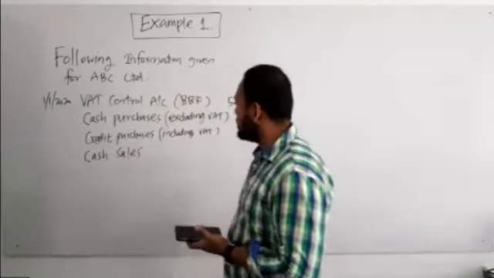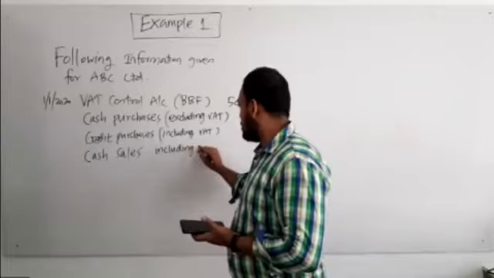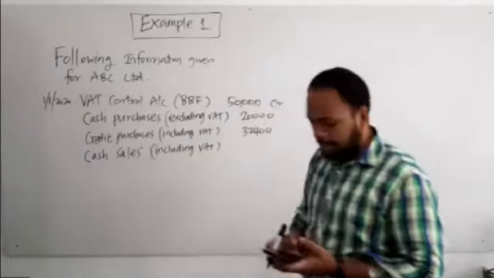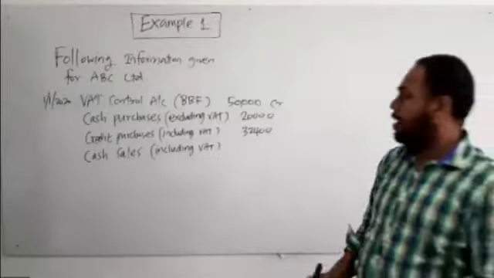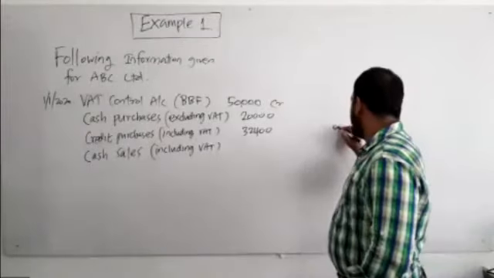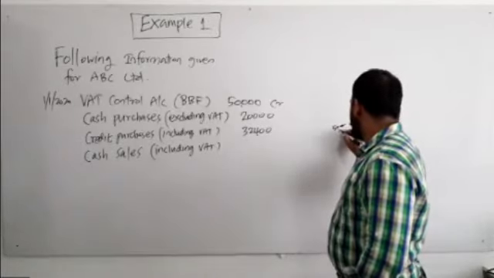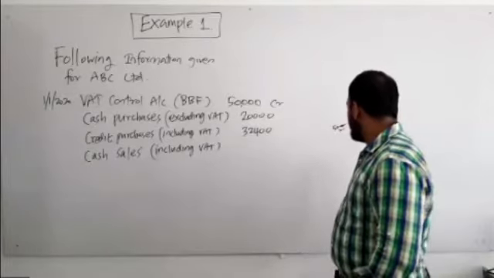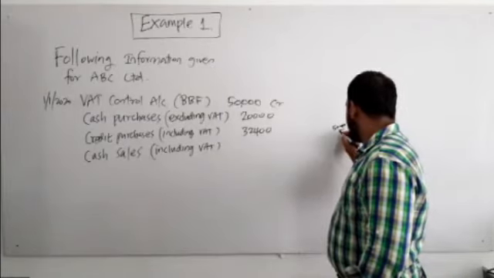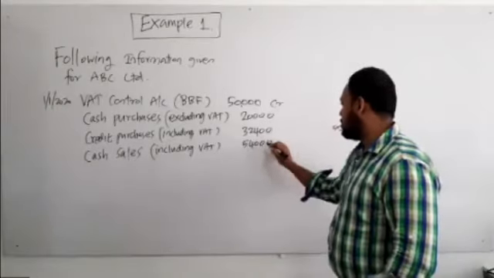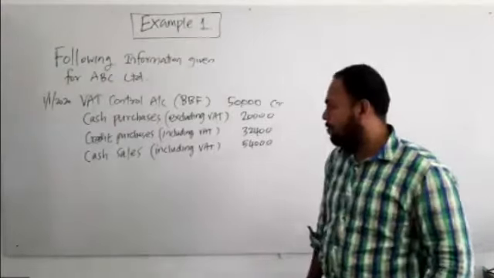Next one is cash sales including VAT, 54,000.